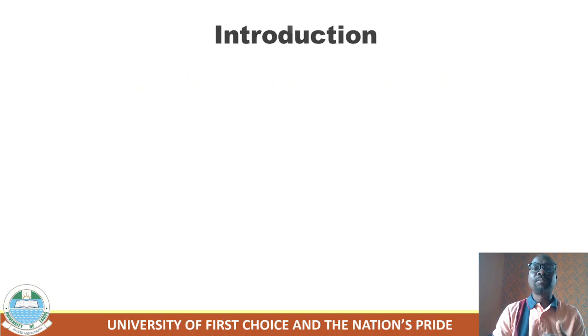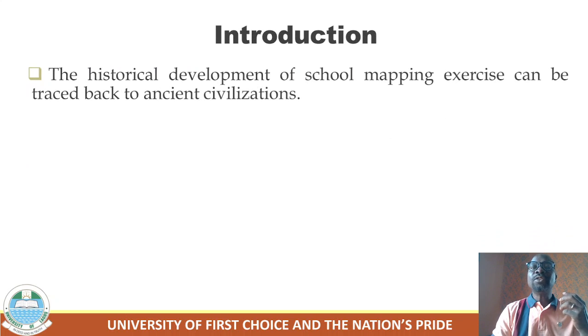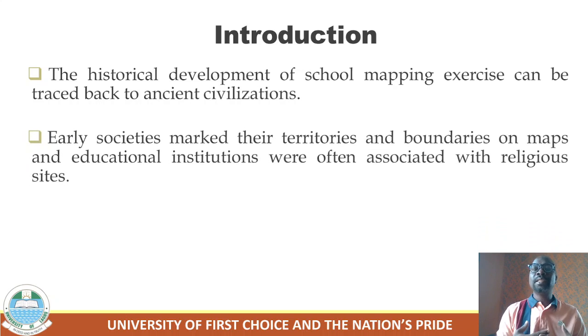Now, the historical development of school mapping exercise can be traced back to the ancient civilizations. You know, during that period, early societies used to mark their territories. They used to indicate their boundaries on maps.